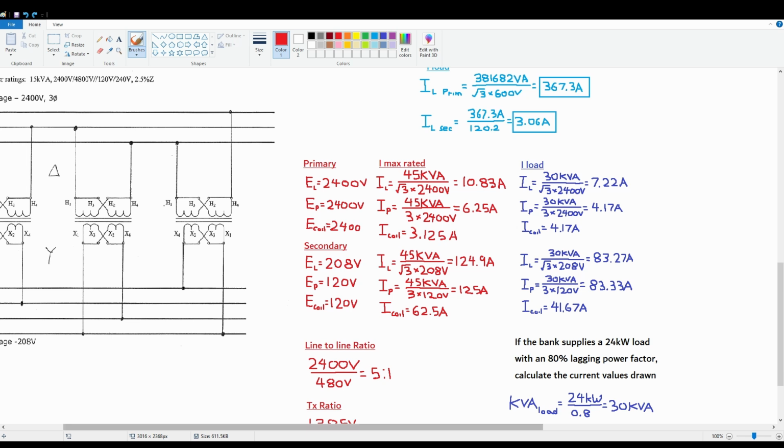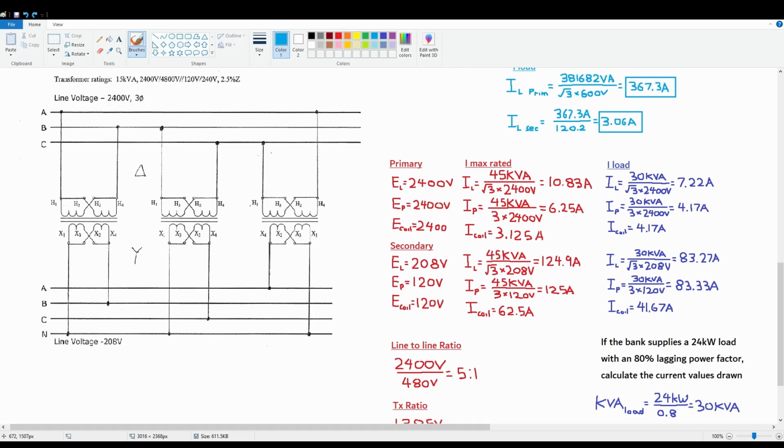And then for here, we're going to have our voltages. We have 2400 volts for our line. Since this is a delta, our phase will also be the same, so it's going to be the same voltage. Our coil is also going to be the same because it's in parallel. And then on the secondary, our line voltage will be 208, it says right here.